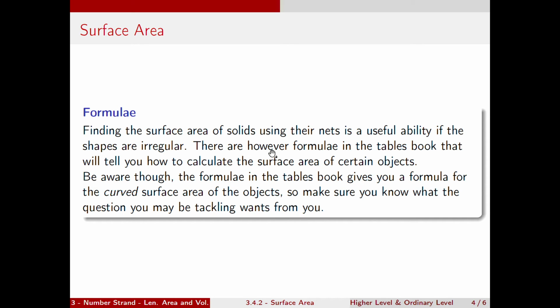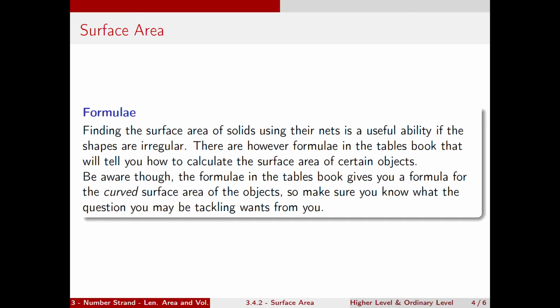So finding the surface area of solids using these nets is quite useful when the shapes are irregular. Now, there are formulae in the tables book which tell you how to calculate the surface area of certain objects, but it's important to be aware that these formulae in the tables book give you the formula for the curved surface area.